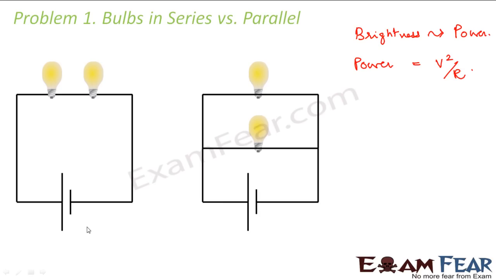Let us suppose that the EMF of the battery is the same for both cases. So what will happen in the parallel combination? The potential difference across this bulb will be 10 volts. Similarly, the potential difference across the other bulb will again be 10 volts. But what will happen in a series combination?